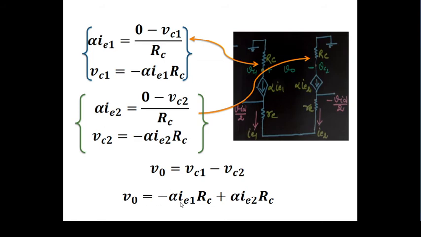So V naught becomes minus alpha I1 RC minus alpha I2 RC. Now we know the values of I1 and I2, which we have already calculated in terms of VID. IE1 is simply VID by 2 times RE, so this current I1 is VID by twice RE, and similarly alpha I2 is minus VID by twice RE.